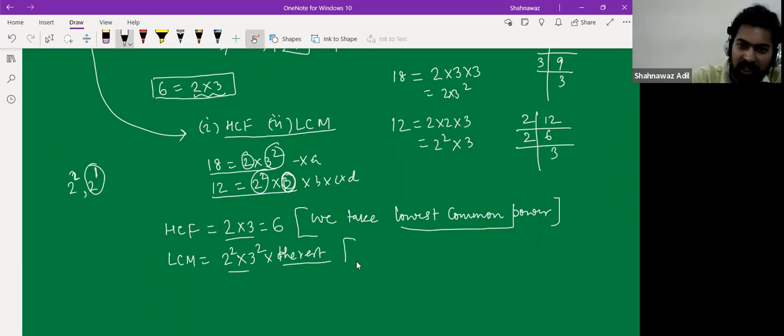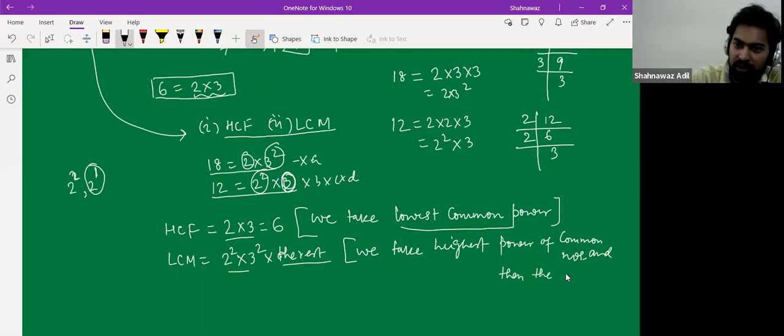So in LCM, we take the highest power of common numbers, and then the rest of the numbers. Understood?